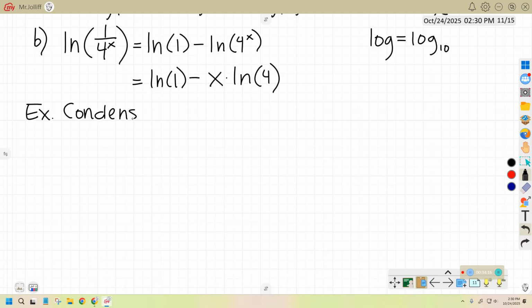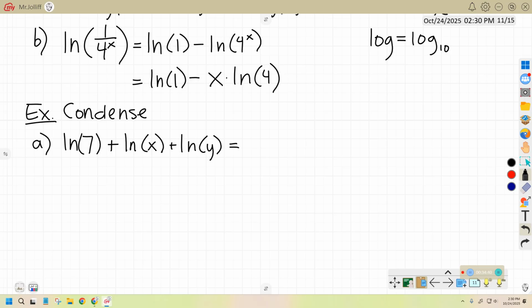If you are asked to condense a logarithmic expression, it wants you to take all the separate logs, squish them down into one. What rule am I using here?